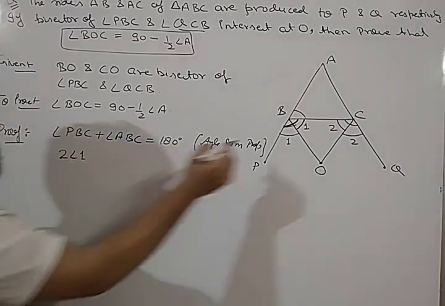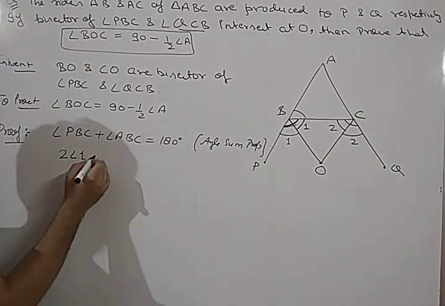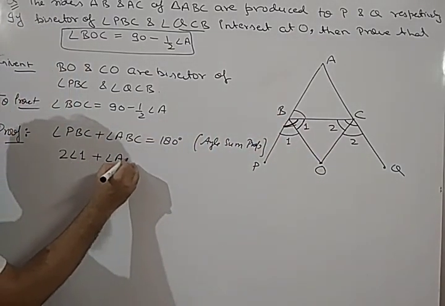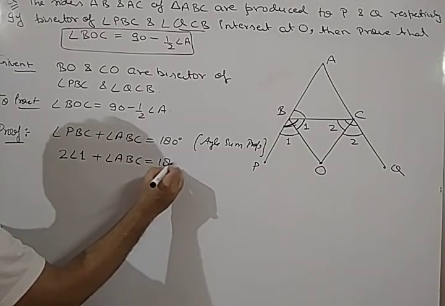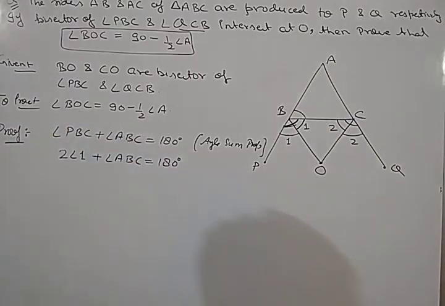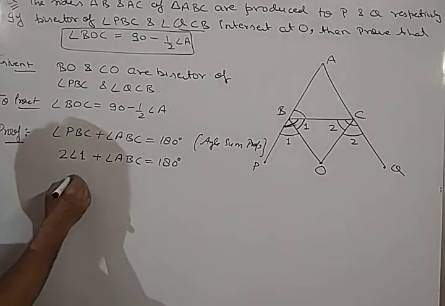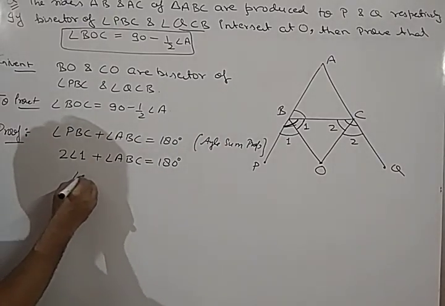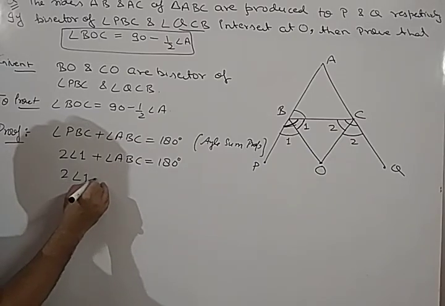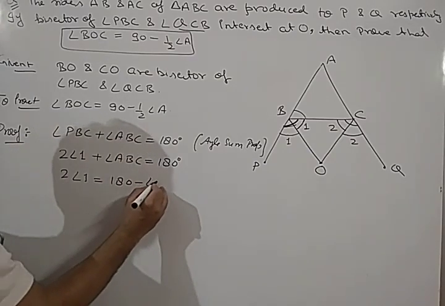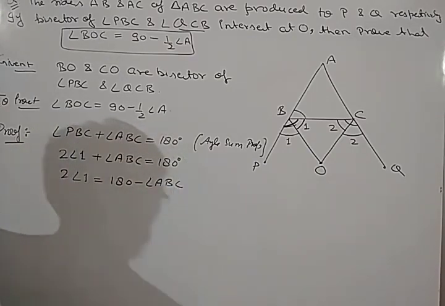So twice angle 1 plus angle ABC is equal to 180 degrees. Or twice angle 1 is equal to 180 minus angle ABC.